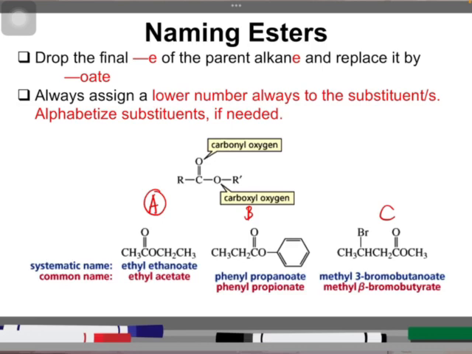Di ba, yung ethanoate diyan ay this part, kasama yung O. So, yun yung tinatawag natin na ethanoate.